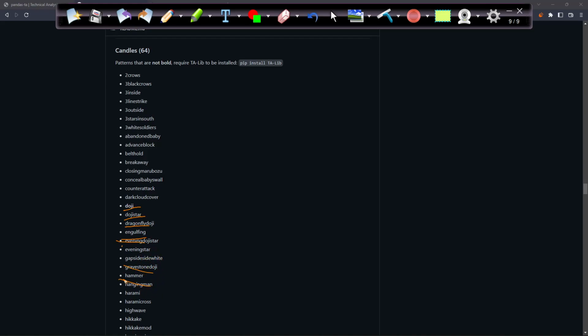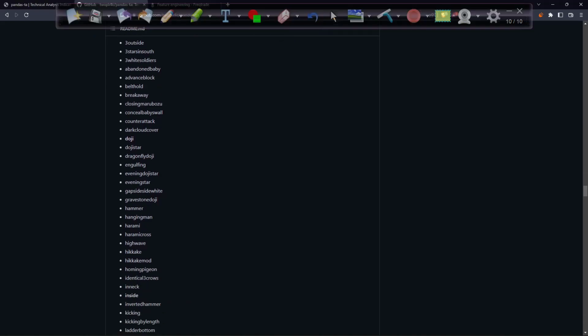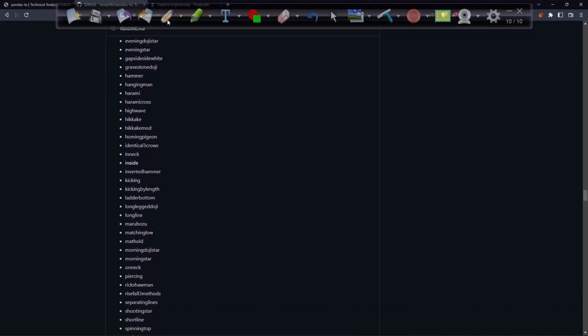And then hammer, harami, and inside bar. And then the long legged doji, this one, right?